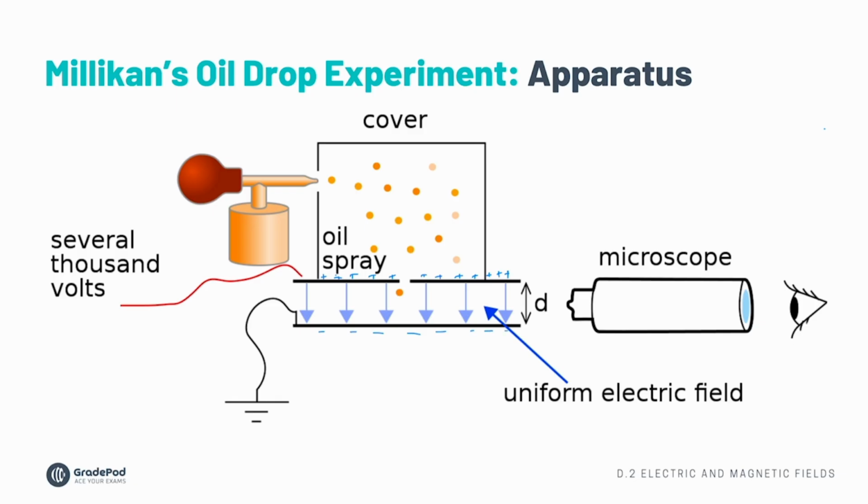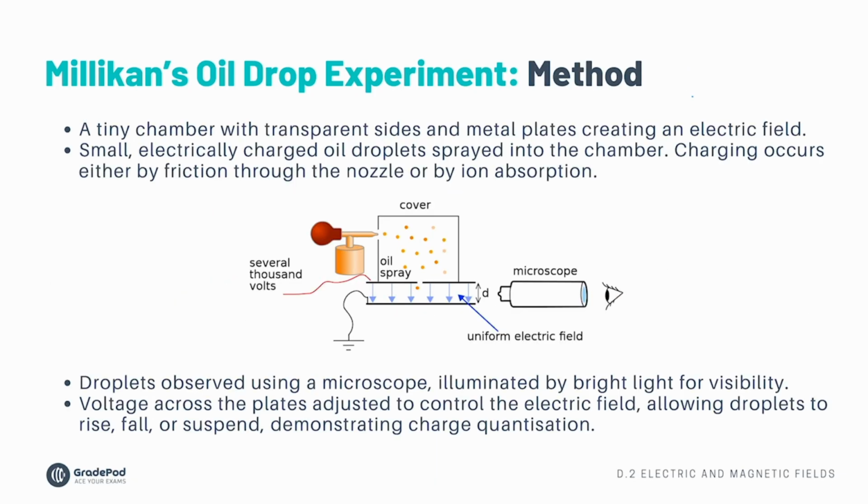The tiny oil drops come into this electric field, and Millikan, here's Millikan's eye here, was watching these oil drops through a microscope. Here's the method. We've already talked about this tiny electric field, and it's got transparent sides here where the D is, and that allows Millikan to see into this tiny chamber. Oil droplets are in the cover, and while they're in there, they've actually been charged.